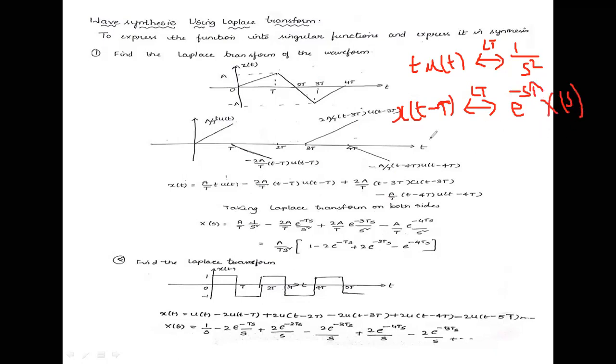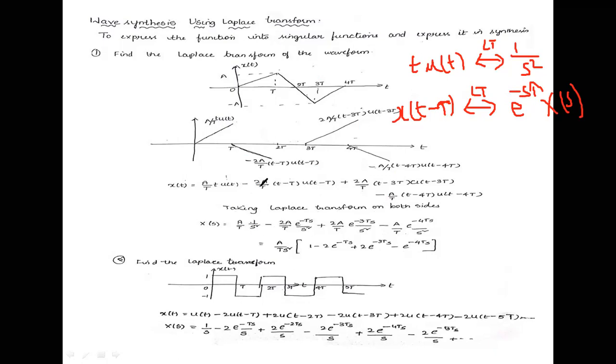What is the X of s here? The ramp only, because here the shifting is (t minus T) mu of (t minus T), so e power minus s tau, whatever the value is shifted, and you can apply the Laplace transformation of X of s, the ramp.